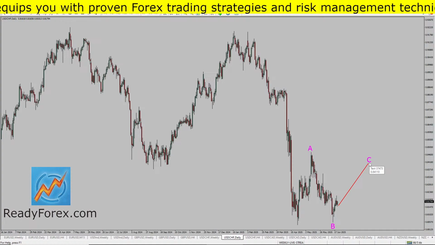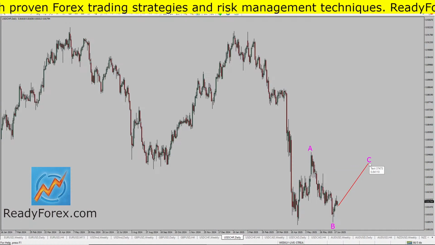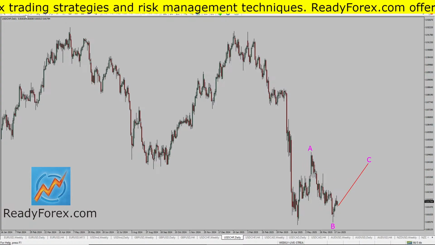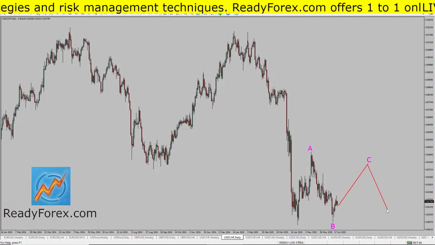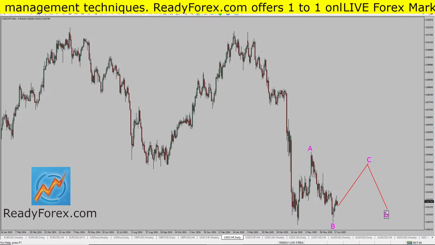This means the US dollar Swiss franc currency pair has a bullish wave C leg. Bullish wave C leg, expect bullish wave D over here, then wave down.